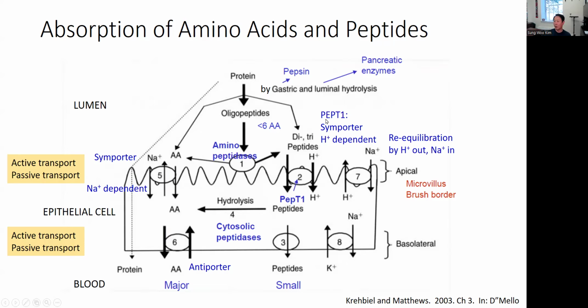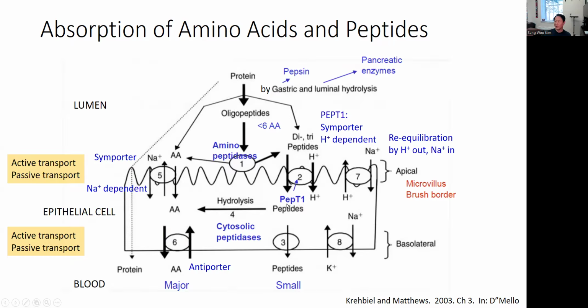In the case of type 1, PepT1 is found in the apical membrane of the enterocyte, and it is a symporter, and it will use hydrogen. So it's a hydrogen-dependent, energy-spending active transport. Okay? And it enters the cytoplasm of the enterocyte.